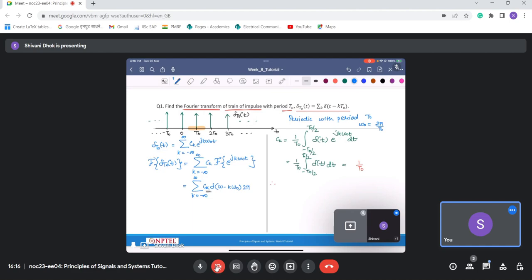And therefore, the Fourier transform of delta t naught of t is simply equal to 2 pi by t naught, by substituting the value of ck, summation k running from minus infinity to infinity, delta of omega minus k times omega naught. Any doubts in this part?